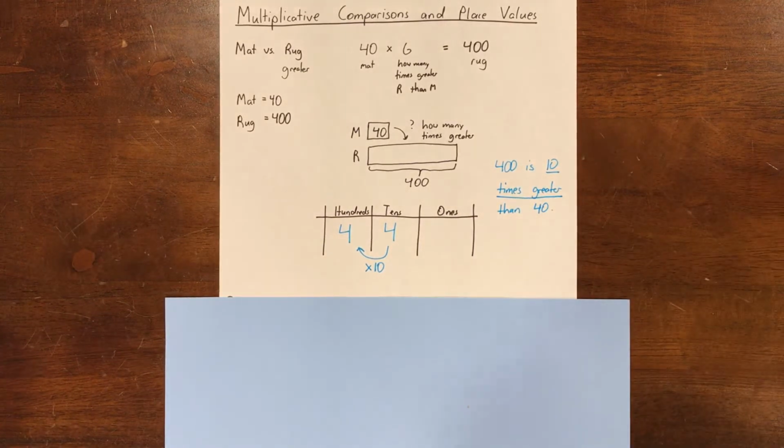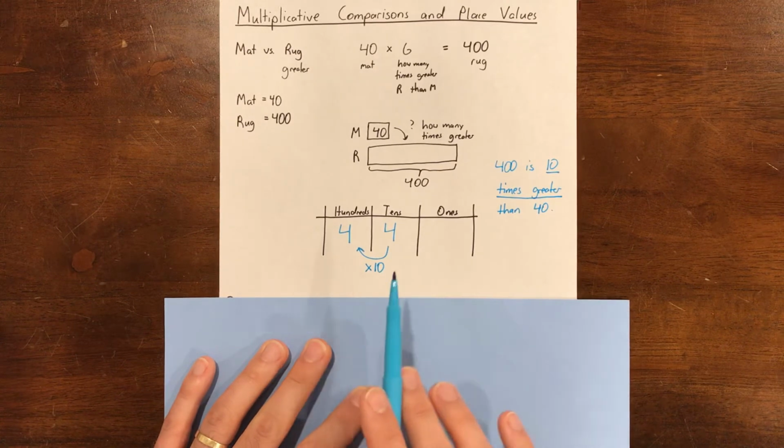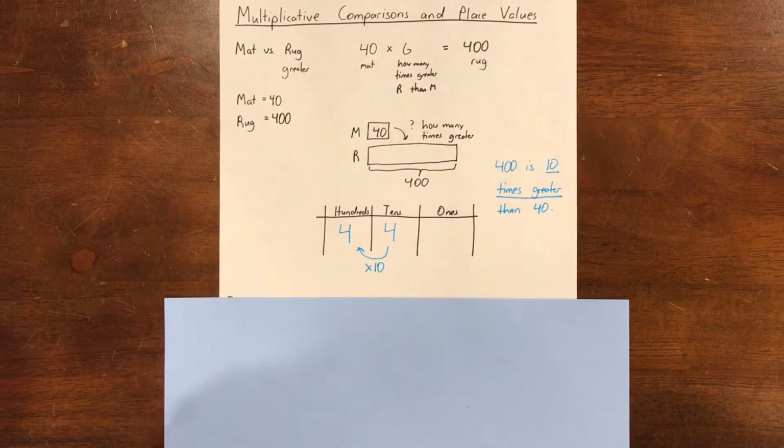True. Okay. So then if that's true for 40 and 400, how could we describe the relationship between the tens and the hundreds place? Think about how many tens we need to make 100. Say it out loud. Yeah, we could say that the hundreds place is 10 times greater than the tens place.